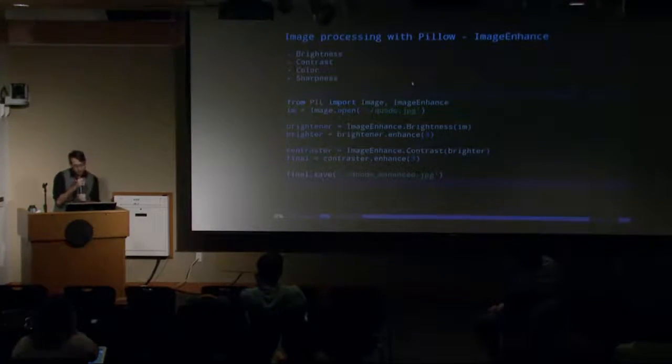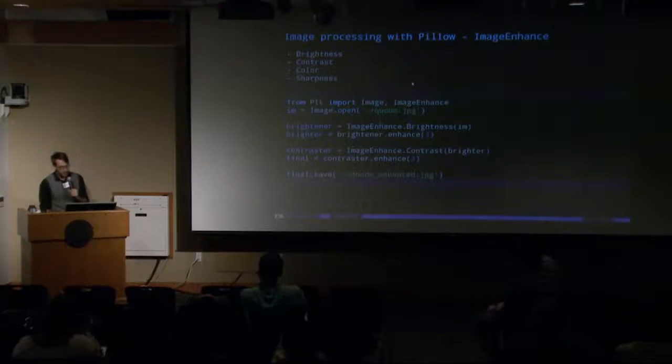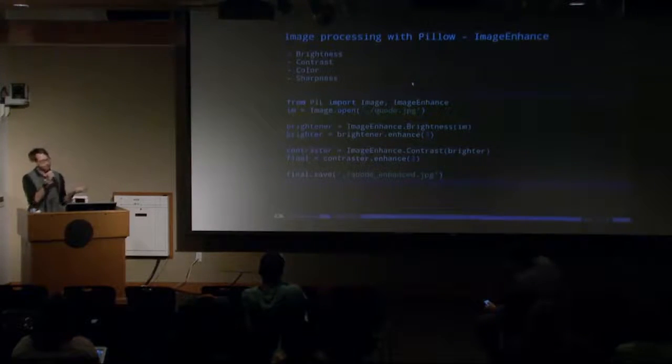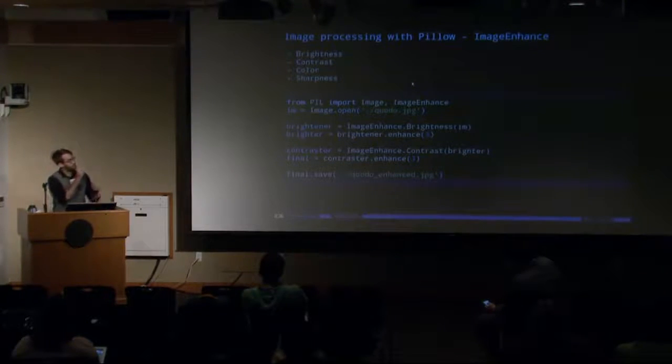So now our code sample is a little bit more complicated. We're importing image as well as image enhance. We still open our base image just like before. And now we're creating what are called enhancers. So an enhancer is an object that knows about some image. You can see we're creating a brightness enhancer, and we're passing it our image instance.